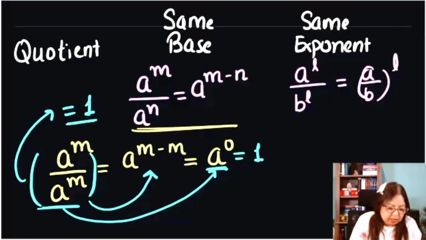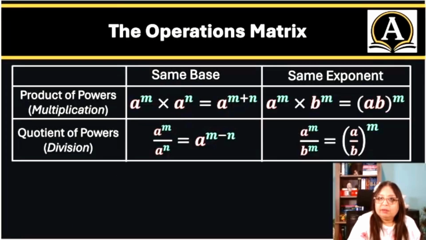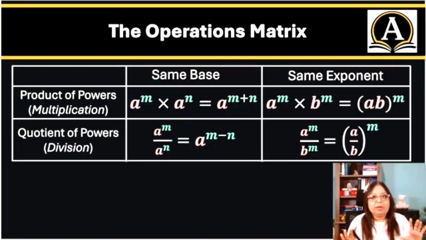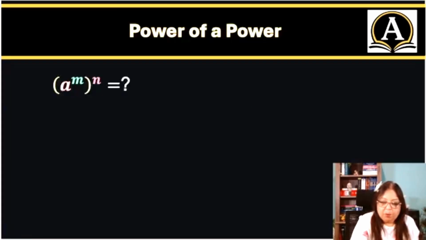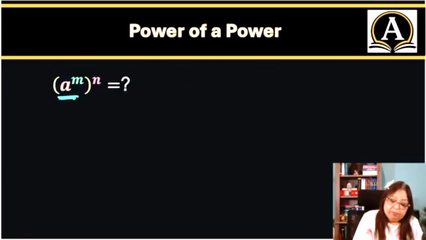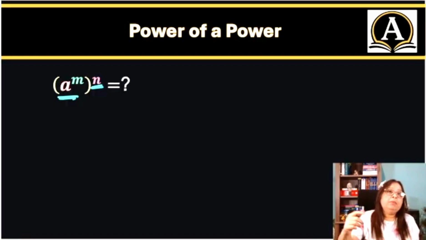All right. So here on this slide, we have a snapshot of all the rules that we have discussed so far. Moving on. Power of a power. What does it mean? It means a to the power m is raised to power n. Now we know that power means repeated multiplication.